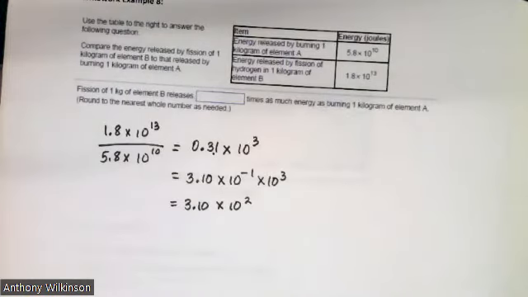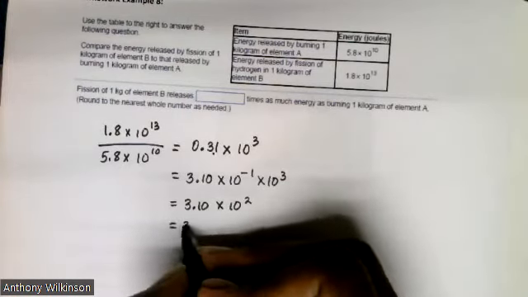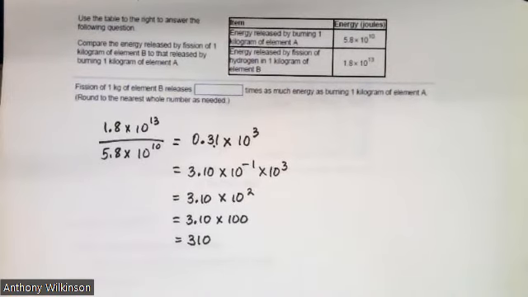So it'd be 3.10 times 10 to the 2nd. And 10 to the 2nd is 100. So if I do 3.10 times 100, you'll end up with 310. So fission of 1 kilogram of element B releases 310 times as much energy as burning 1 kilogram of element A.